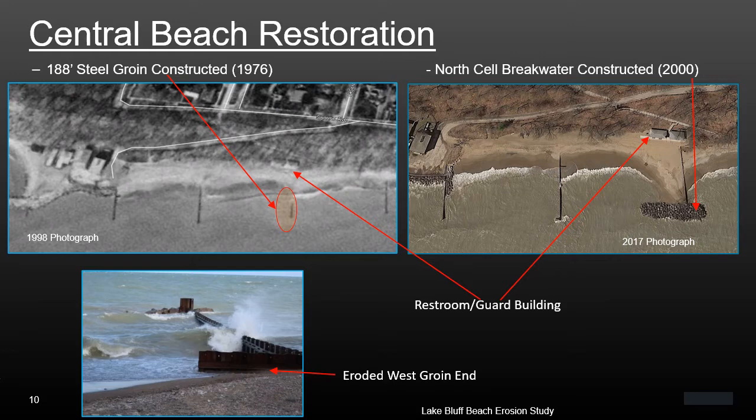And as you can see, landward of that structure, there's significant sand that deposits in that area as a result of that structure being present. The picture on the bottom of the slide illustrates the steel groin in the middle of Central Beach, and it shows how part of that groin has been exposed due to erosion on the land side end of it.